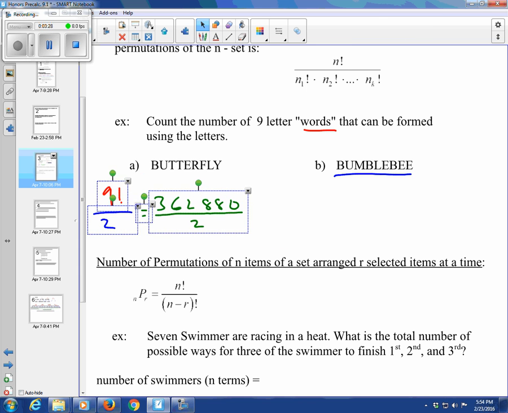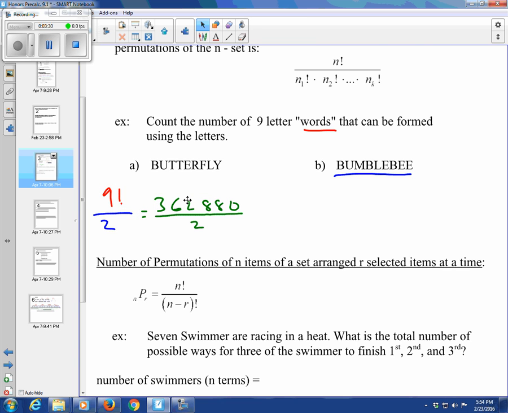That's going to give us, in the end, 181,440 distinguishable permutations. Because of course those t's are repeated, the 9 factorial includes all of the arrangements where we could switch the t's.